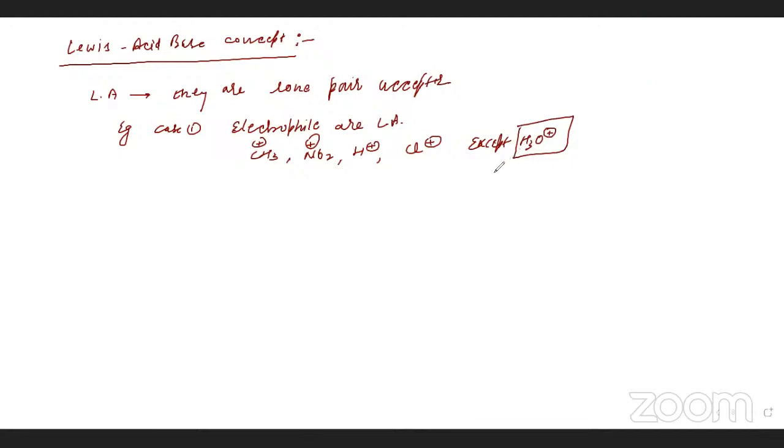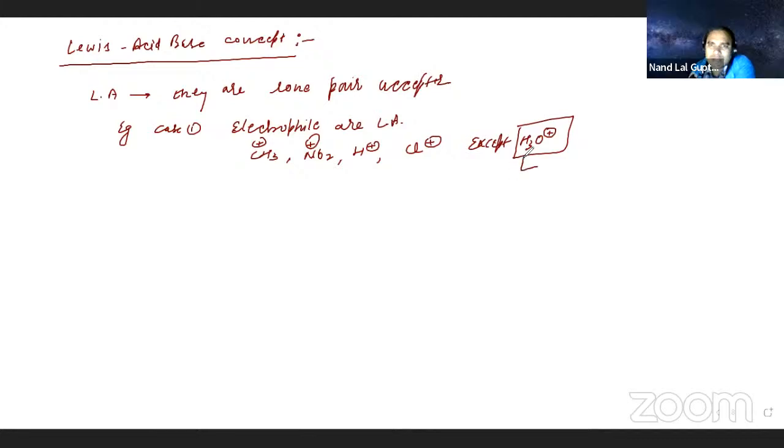Can you explain? It has a completed octet. If anything has a completed octet, it cannot accept the lone pair electron, so it will not be a Lewis acid.